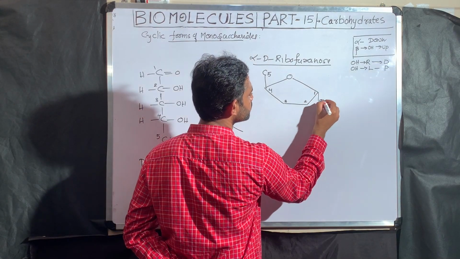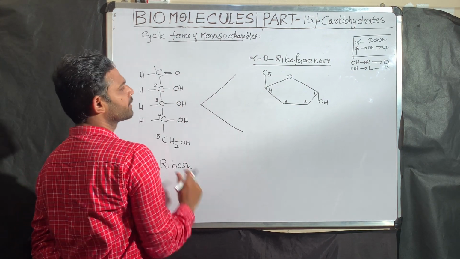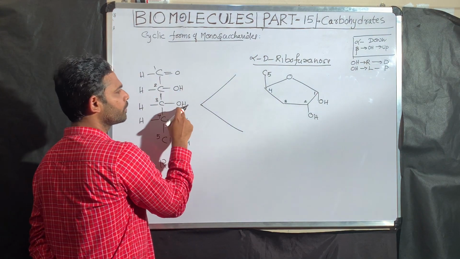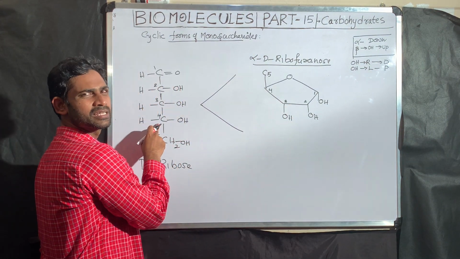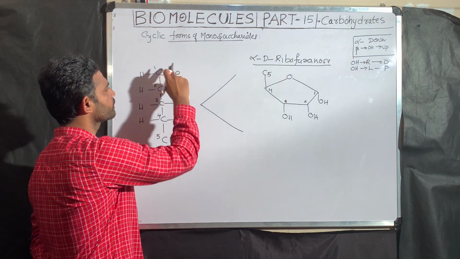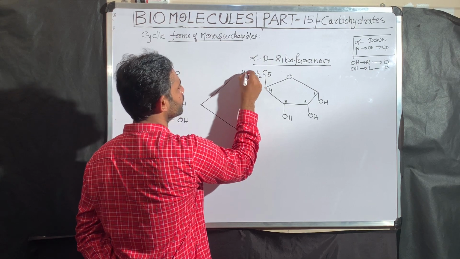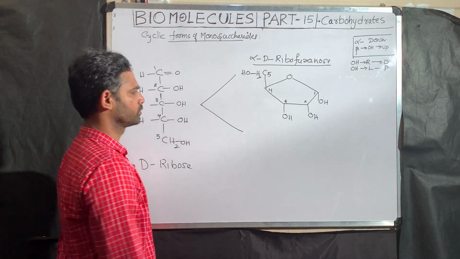OH group on the functional carbon? Down. First carbon over. Second carbon OH group right side, down. Third carbon OH group also right side, down. Now we reach the last asymmetric carbon atom. The OH group is shifted into the functional carbon. The last carbon is a CH2OH. See, simple one. This is alpha D ribofuranose.